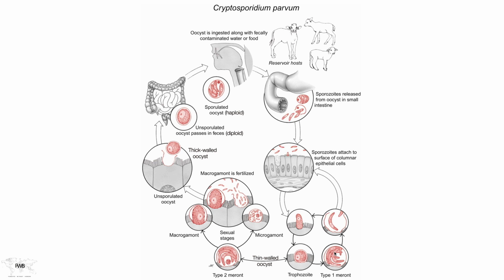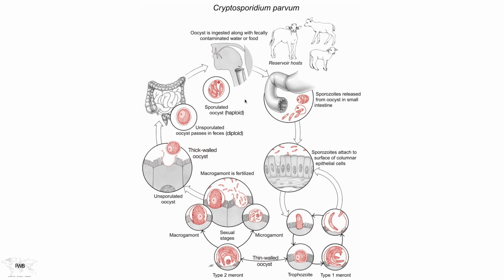So now you have to remember another term, unfortunately. So this meront stage has the same capacity to infect epithelial cells as the incoming sporozoite from the sporulated oocyst. So that's some of the complexity here.